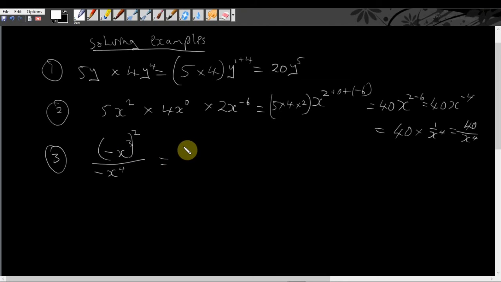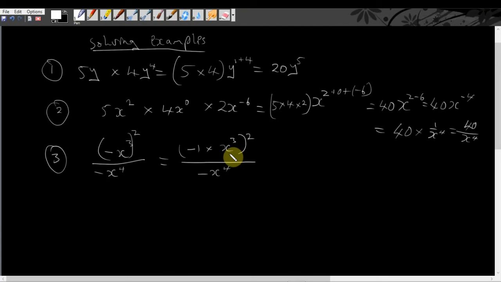Okay, how are you going to solve it now? You can break it as, you know that this minus x inside this parenthesis is simply minus 1 multiplying x to the power 3, all in parenthesis, to the power 2, divided by minus x to the power 4.